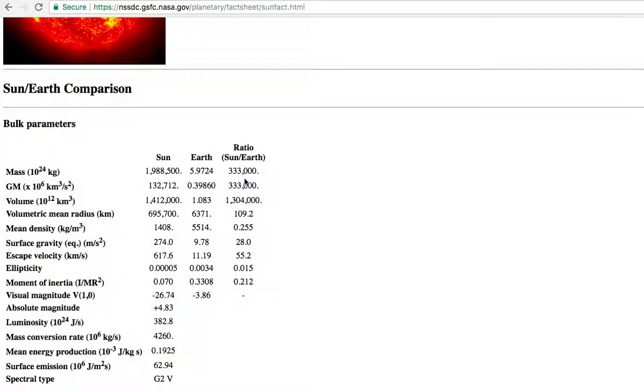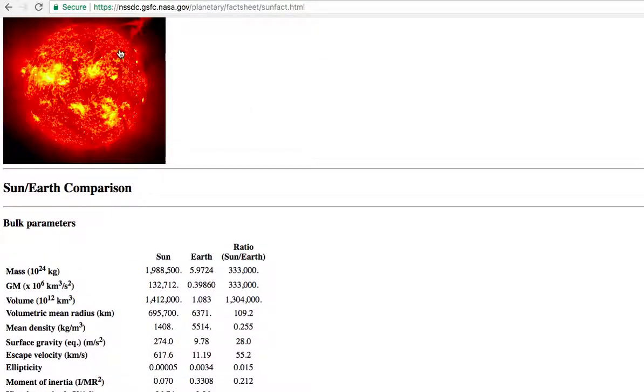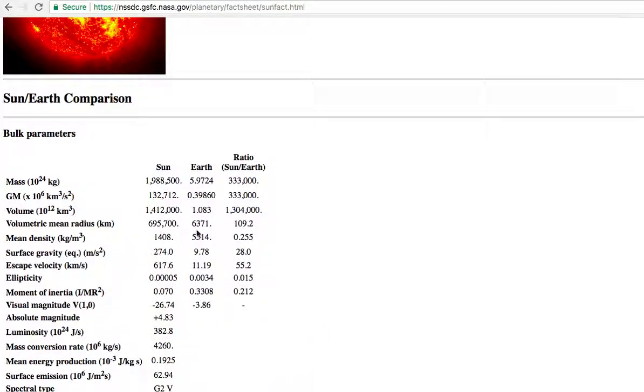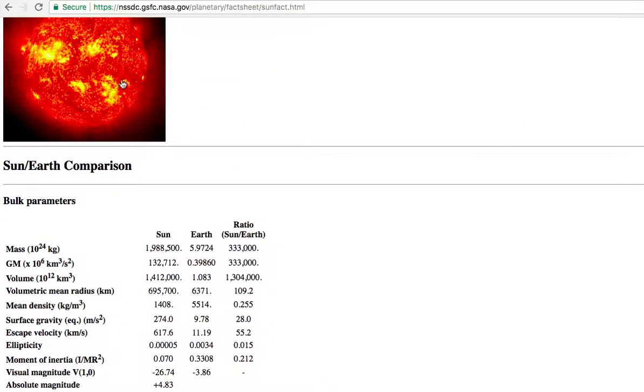So you might ask yourself, how come it's 300,000 times more massive, but 1,300,000 times more voluminous? And the reason why is because the Sun has a much lower density. It takes up a lot more space for any given mass. And that's because it's mostly made out of gases and plasma, which is just atoms that have lost their electrons.